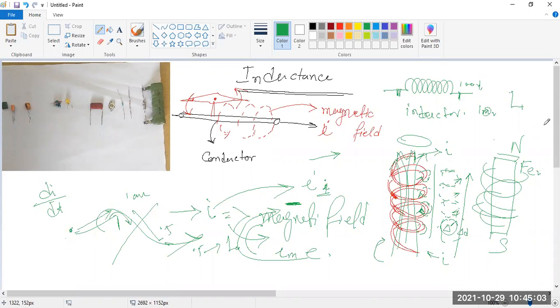If current is made to pass through an inductor, an electromagnetic field is formed. This is the property: a change in magnitude of the current changes the electromagnetic field.